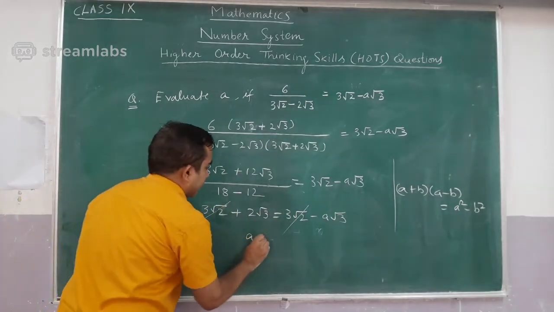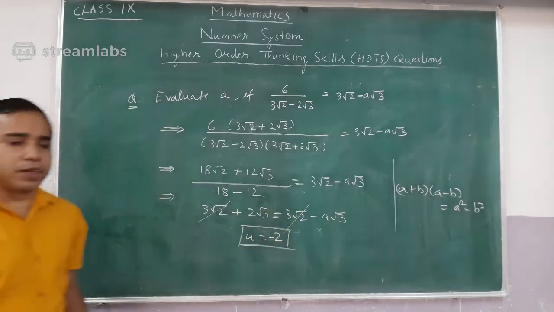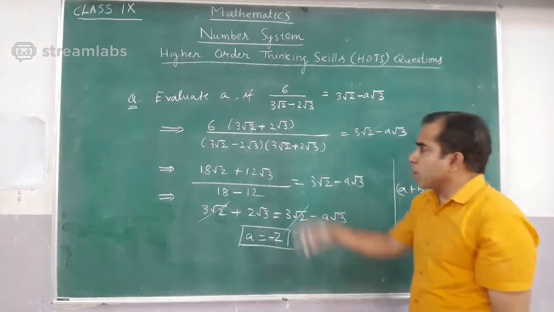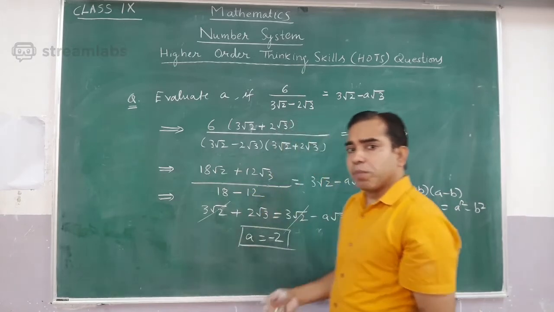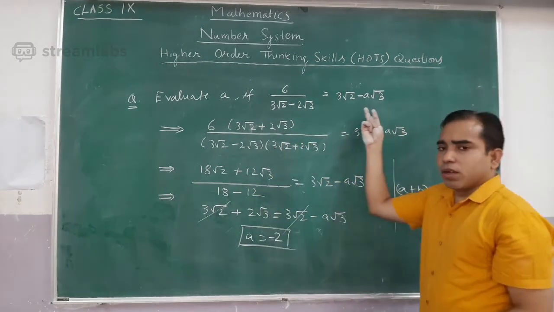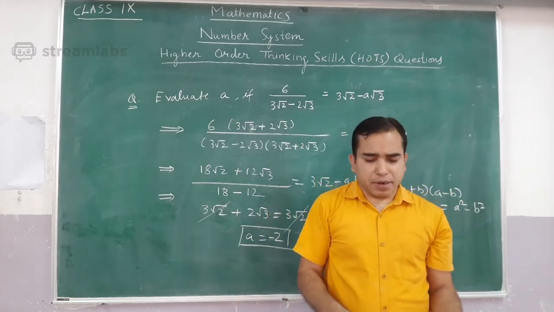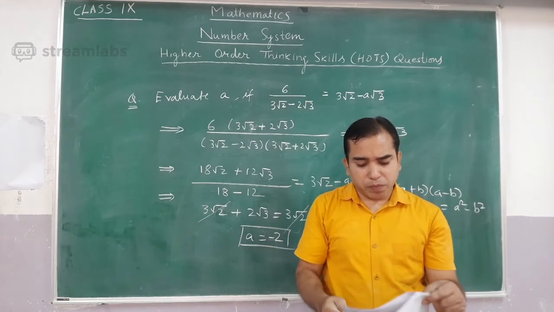This will give you directly a equals minus 2, right? So some questions are like this also, where some number with a heavy denominator is given equal to some number on the right side, and you have to compare and evaluate a certain value.